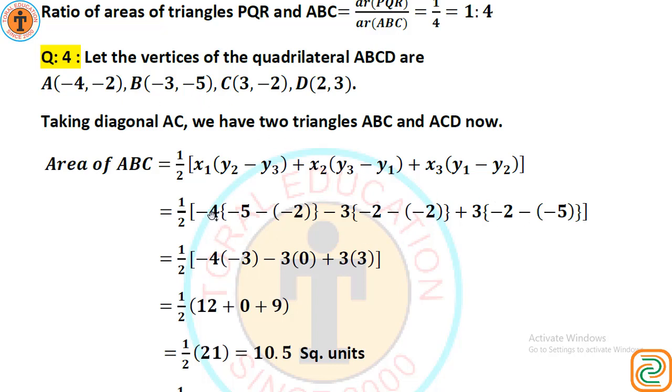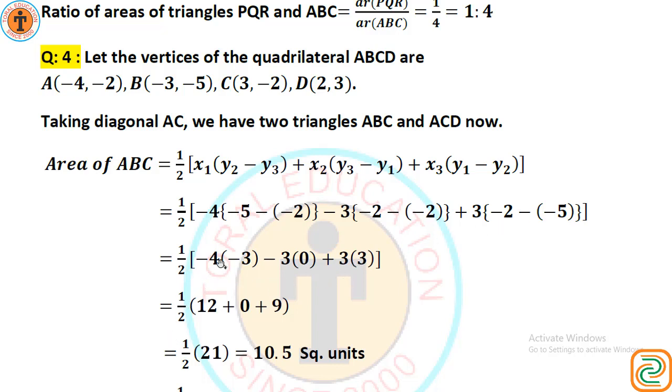So we have minus 4 here, minus 5 plus 2 is minus 3. Here minus 2 plus 2 is 0, so minus 3 into 0, and 3 into 3, because minus 2 plus 5 is 3.